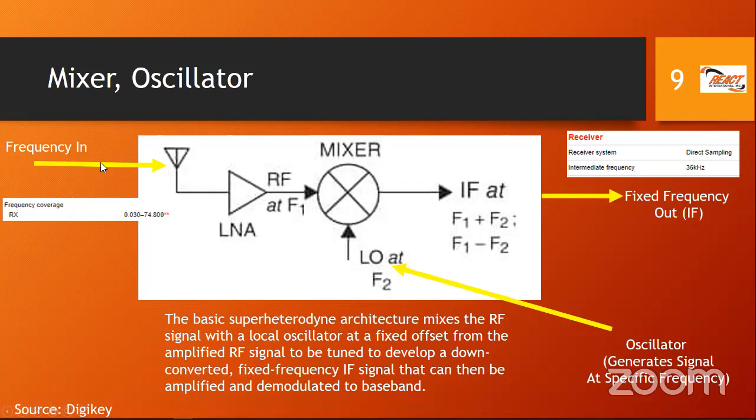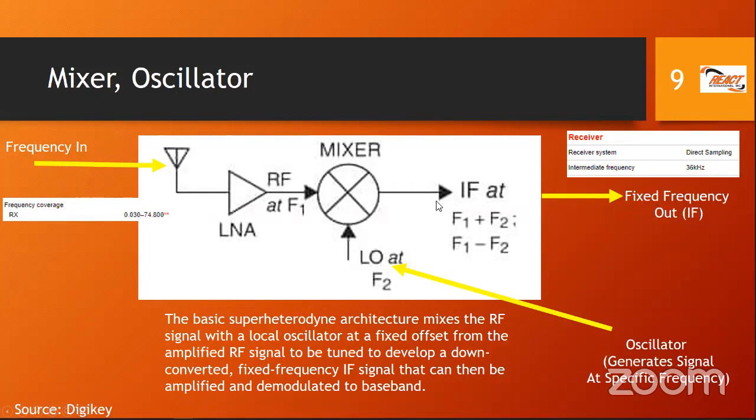So your input could be, you're listening to 14.250, or you're listening to 3.815, or you're listening to some other frequency on your radio. That's the tune that you're tuning that frequency to, but the oscillator will always generate a frequency to mix with your incoming desired frequency and output this, what we call IF.